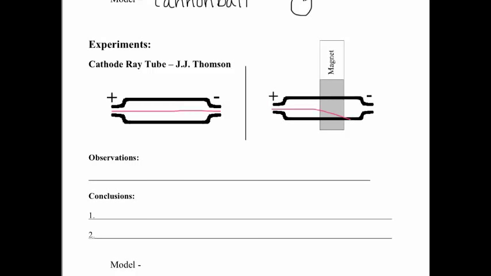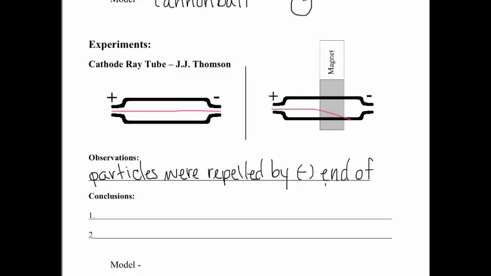The observation was that the particles were repelled by the negative end of a magnet. Based on that, he figured that these particles were negative.